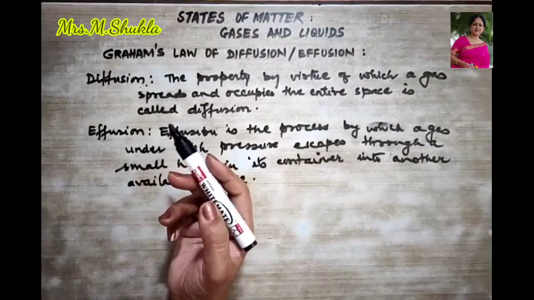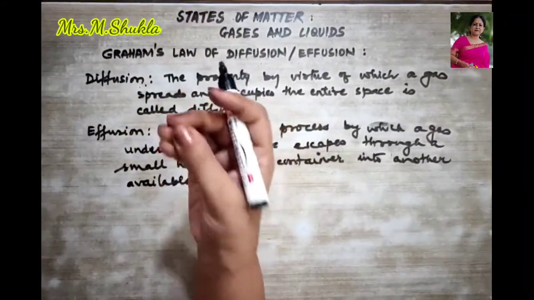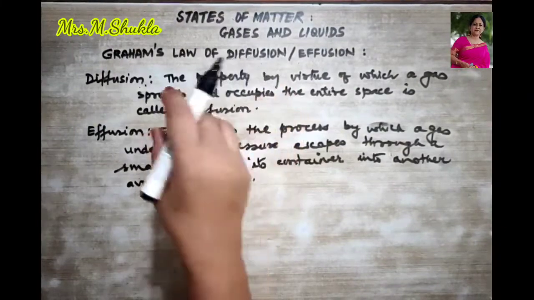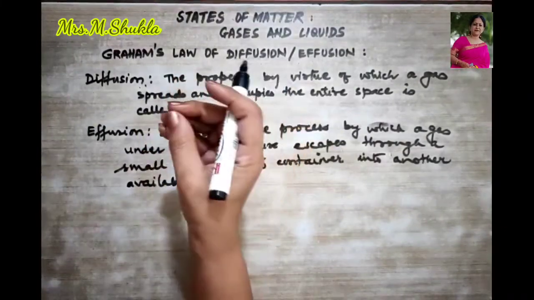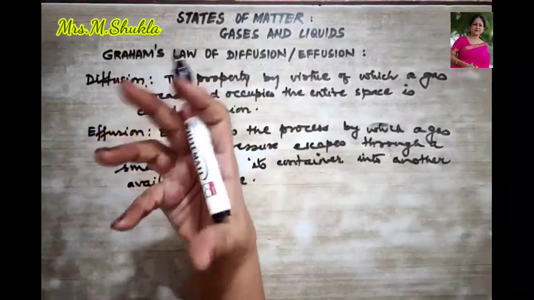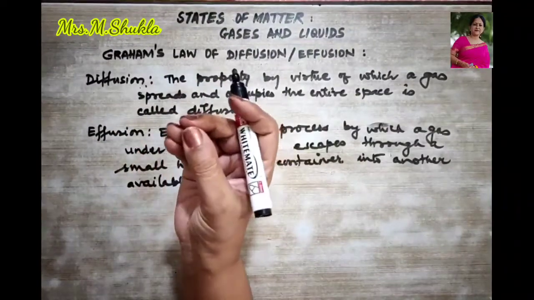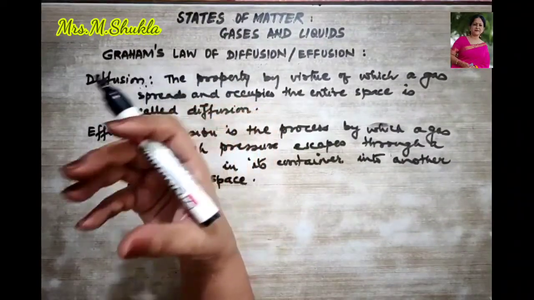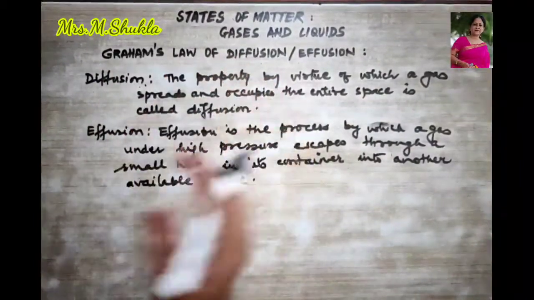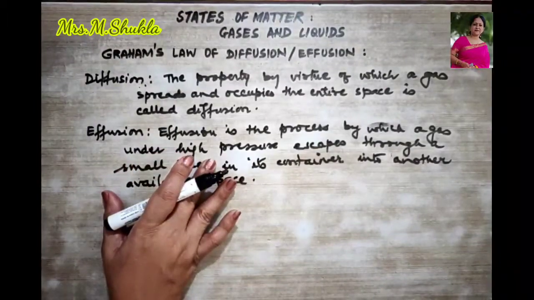Then another example is the escaping of perfume vapors through the small hole in the atomizer of the bottle. Even if you blow a balloon and keep it overnight, and it has a small hole, then in the morning you will see that the air has escaped and your balloon has become very small. That is another example of effusion. I hope this is very clear.